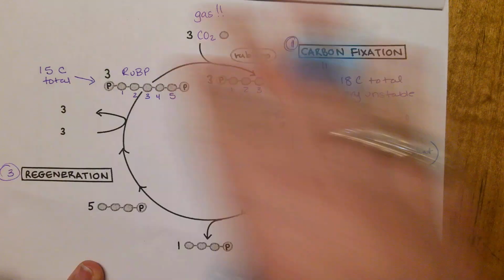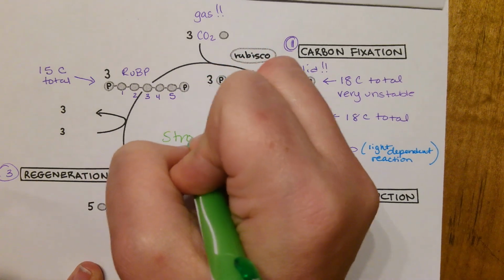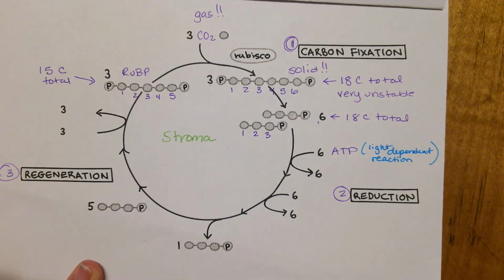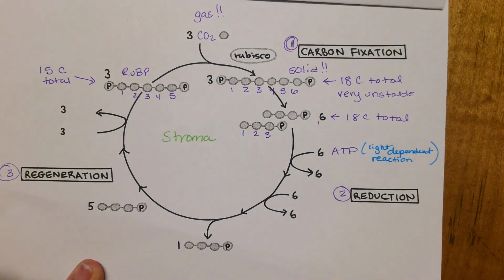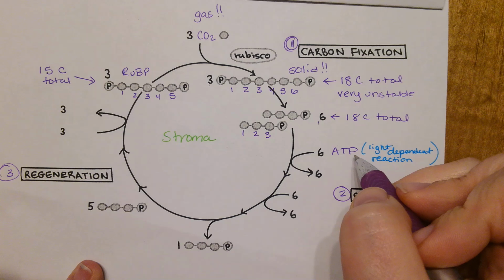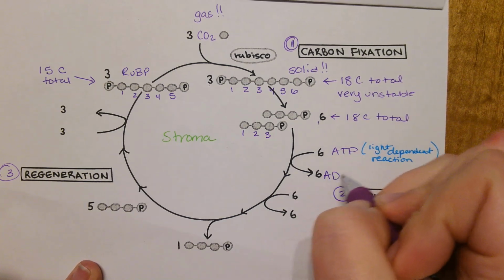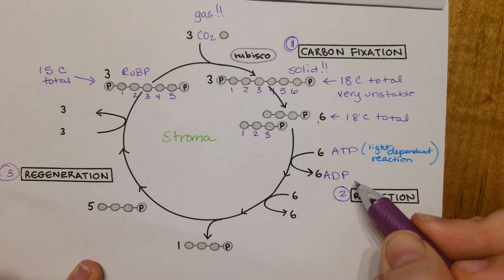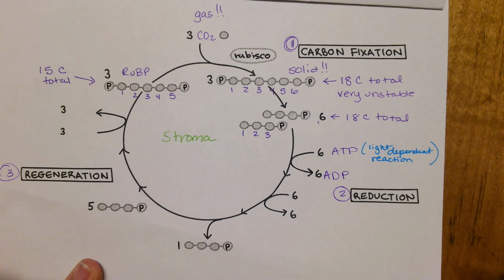Because where is all of this taking place? All of this is taking place in the stroma. So we were in the stroma when we produced the ATP, so it's right there ready to go. So we are going to get 6 ADP. These guys will be able to go into the light dependent reaction to form more ATP.